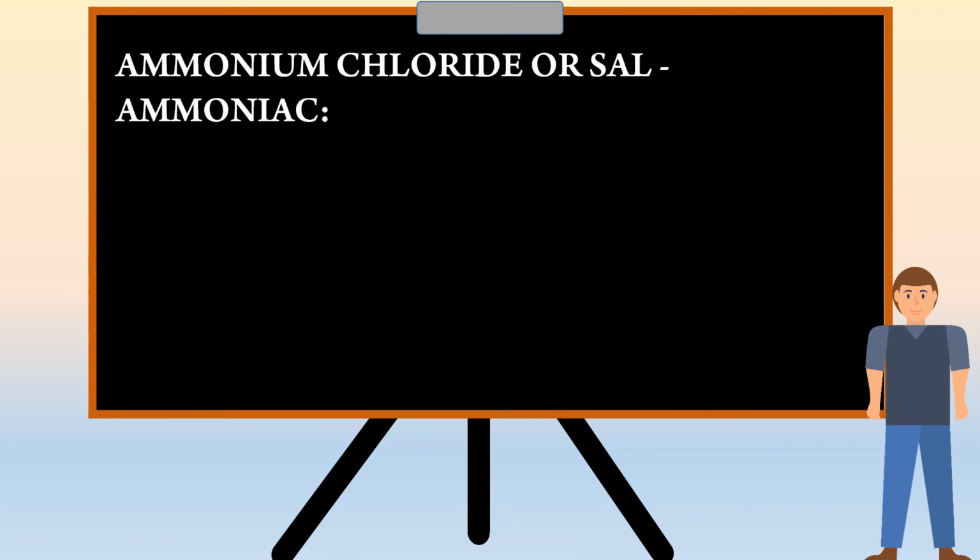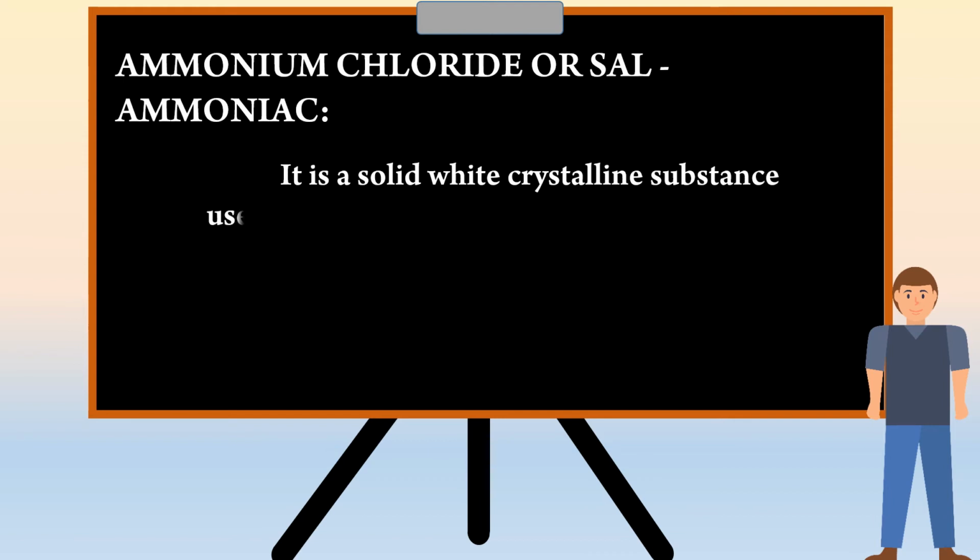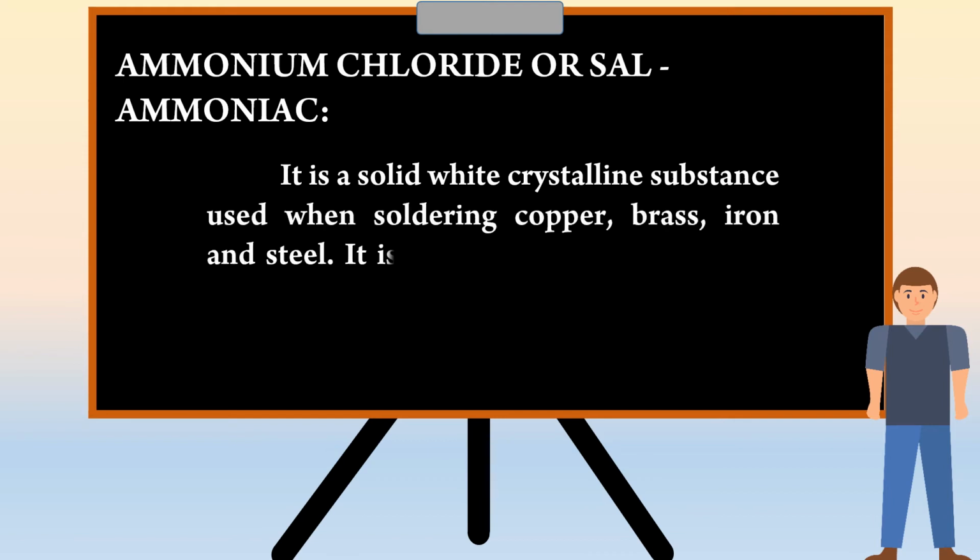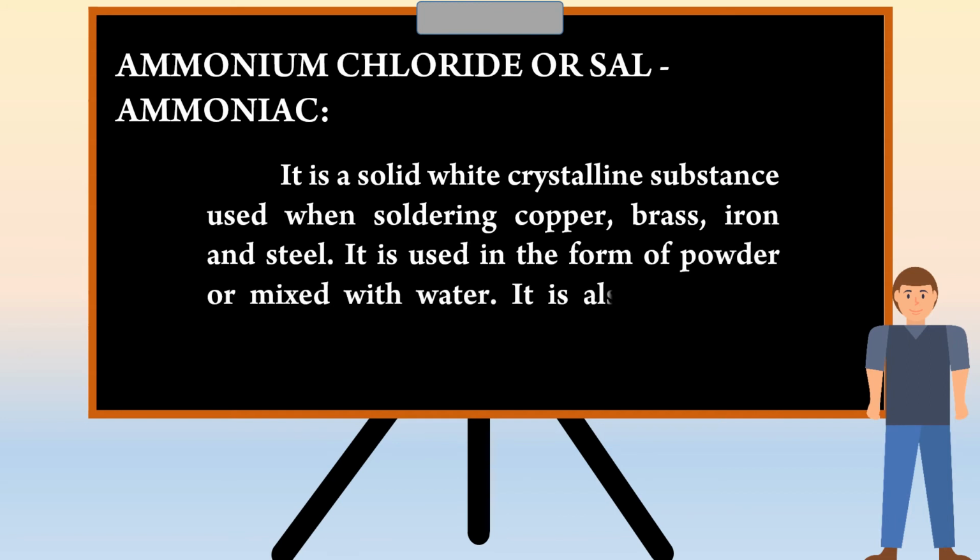Next, we are going to see the definition of ammonium chloride, or sal ammoniac. It is a solid white crystalline substance used when soldering copper, brass, iron, and steel. It is used in the form of powder or mixed with water.